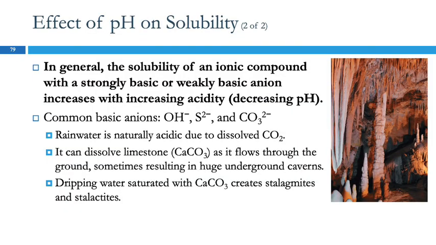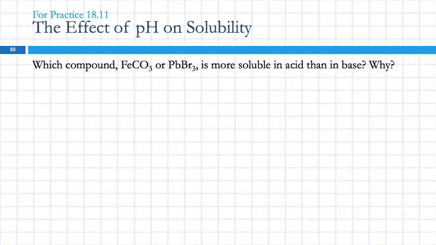Solubility of an ionic compound with a strongly basic or weakly basic anion increases with increasing acidity. So here we're talking about being more soluble in an acid. Iron carbonate.